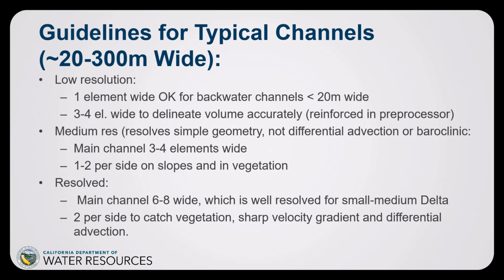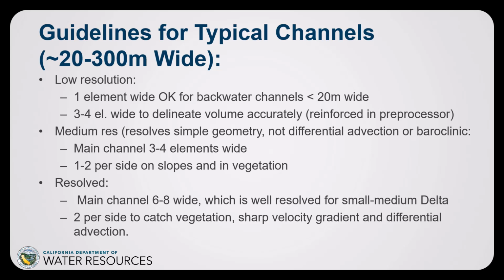And a more medium resolution approach would be to use 3 to 4 elements wide just on the smoother interior portion of the main channel, tacking on 1 to 2 elements off the slopes or to capture some of the intertidal zone or side areas. A fully resolved case would grid the main channel 6 elements wide per side, maybe more if there's an interior channel.